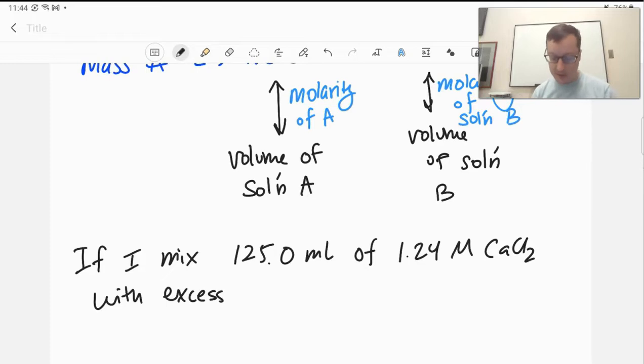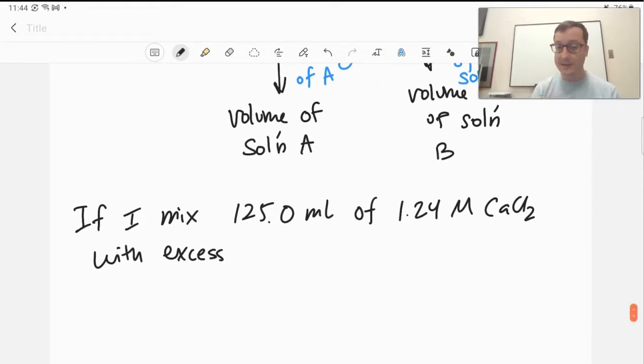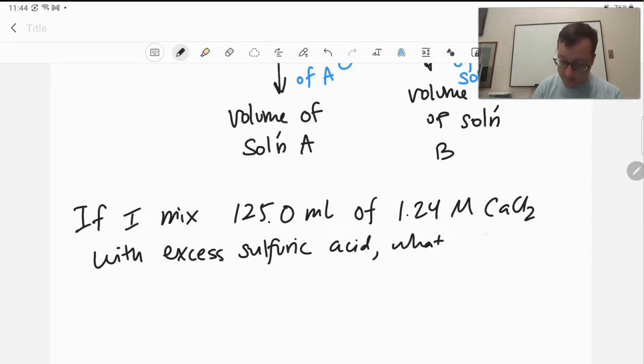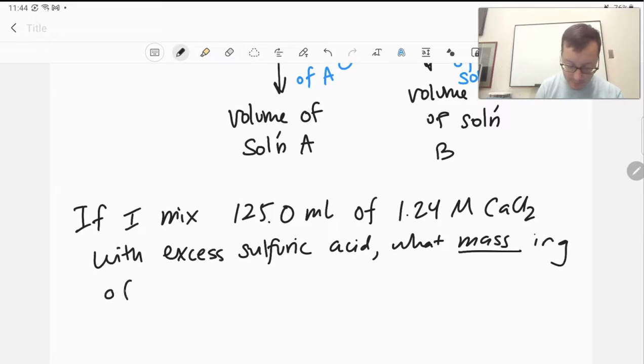Just be aware that if I don't say excess explicitly, you're going to have to do a limiting reactant, meaning you have to do it twice. All right, so if I use that with excess sulfuric acid, what mass in grams of calcium sulfate is produced?